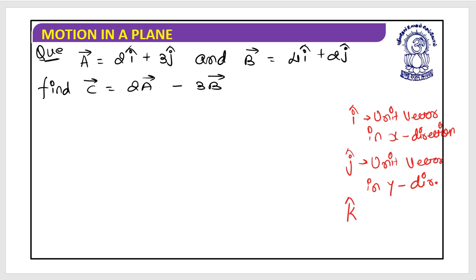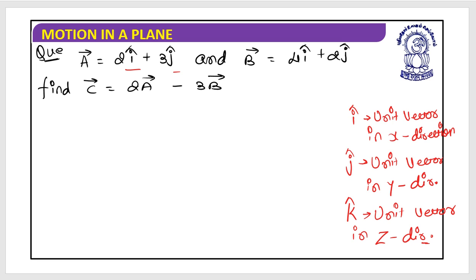It may also have a k cap. Here it is two-dimensional only because it covers x and y only. It could be three-dimensional, and k cap is the unit vector in z direction. I hope these things are clear. Yes.